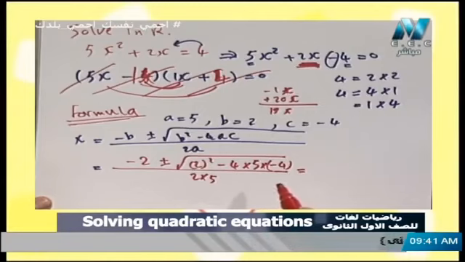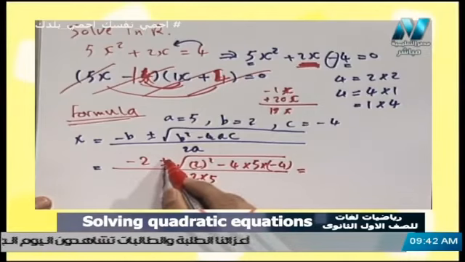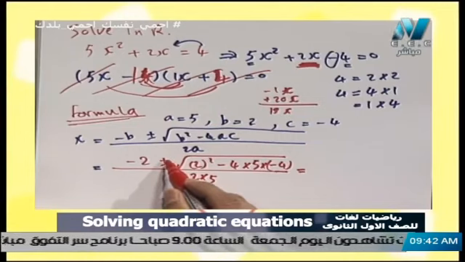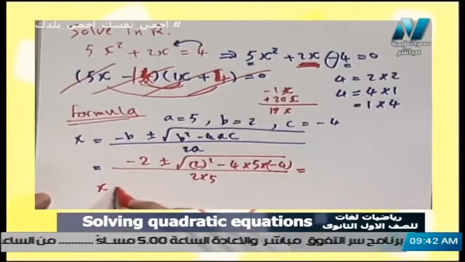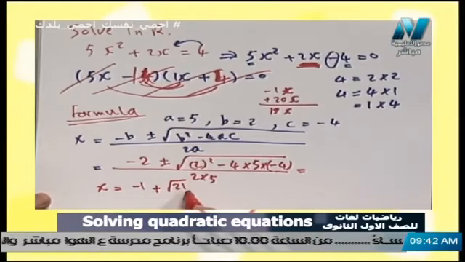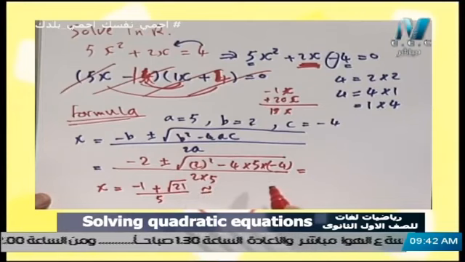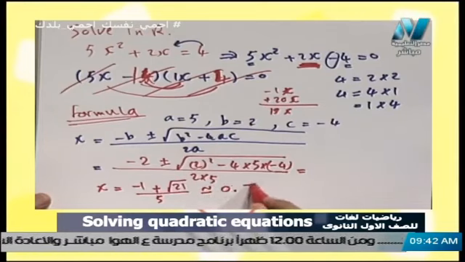And first use your calculator and put plus. When you put plus here, you will find the solution will be negative 1 plus square root 21 over 5, which is approximately, to the nearest 2 decimals, 0.72.